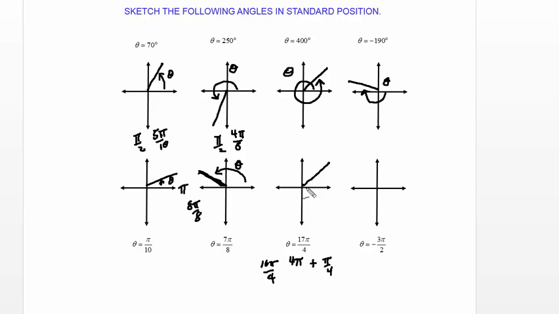You'd start at this positive x-axis and you would go 1 pi, 2 pi, 3 pi, 4 pi, and then stop there. So notice that 17 pi over 4 and pi over 4 are going to be what we're going to call later coterminal angles. They have the same terminal side.